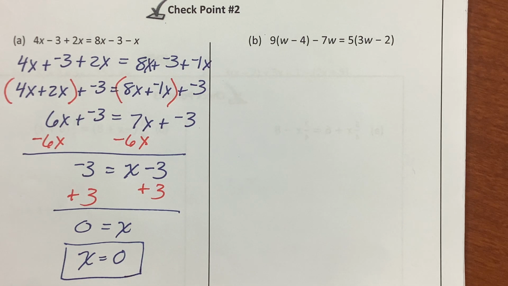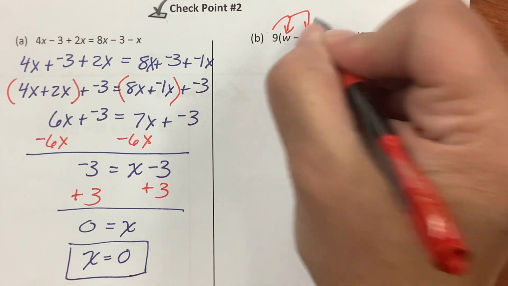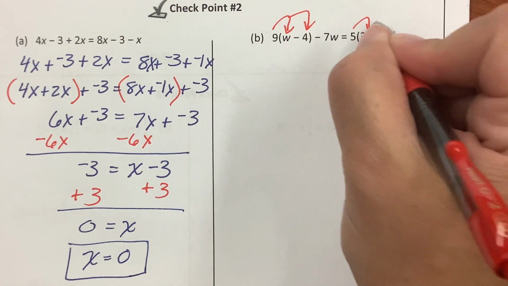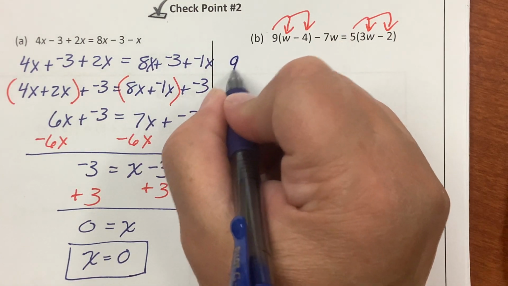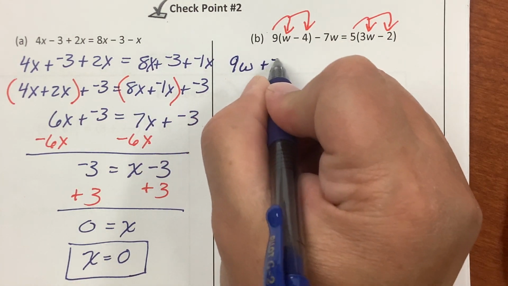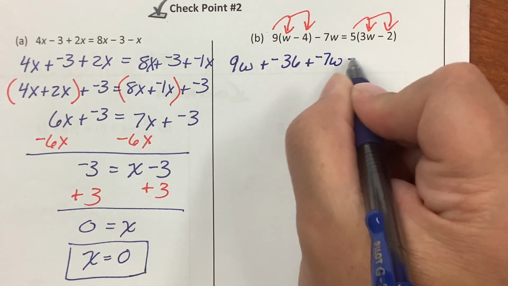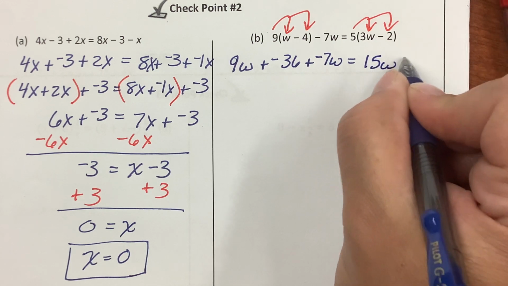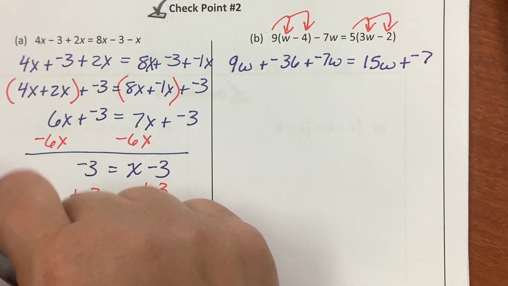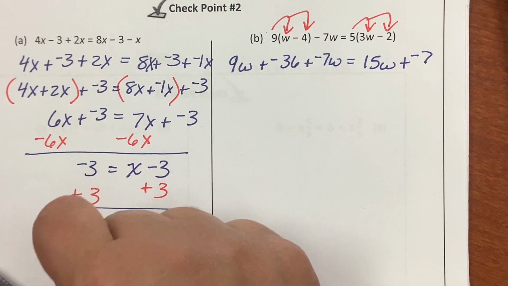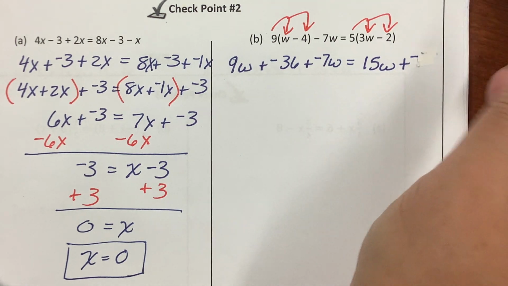All right, this one I have to distribute before I can combine like terms. So 9 times W, 9 times 4, 5 times 3, and 5 times 2. So 9W plus negative 36 plus negative 7W equals 15W plus negative 10. That doesn't look like a 10, that looks like a 7. Thank goodness for whiteout. Come back here, you beloved whiteout.